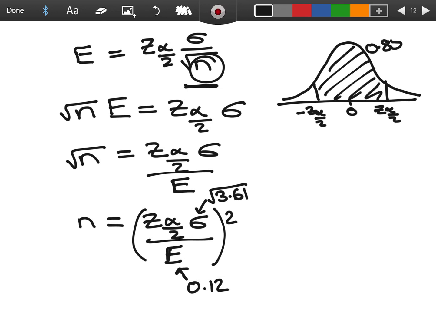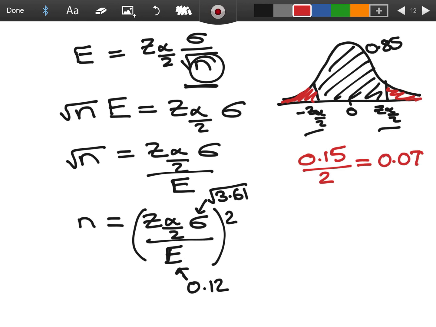So my area here is 0.85 between the two values, and this is just positive and negative of some value. So I know that the area outside here and here must be 0.15. So the area in each one of those would be 0.075.